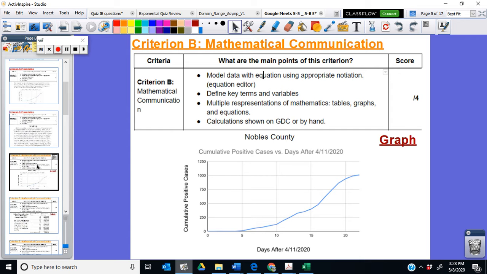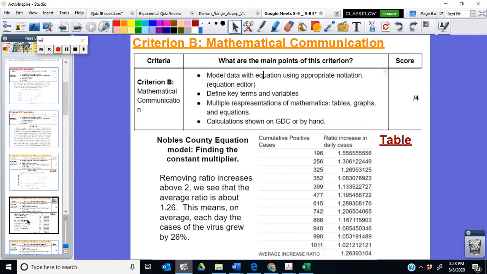Second criteria, mathematical communication. Well, I used graphs. I used many tables, and I also used calculations within those tables, and I explained what those calculations are here. That's how to find the ratio.